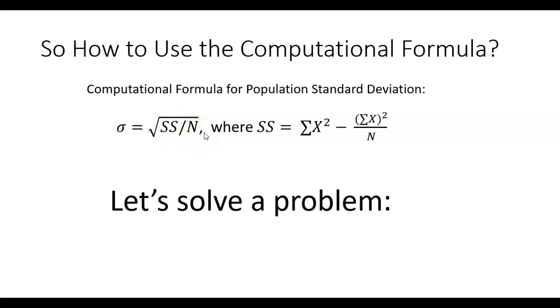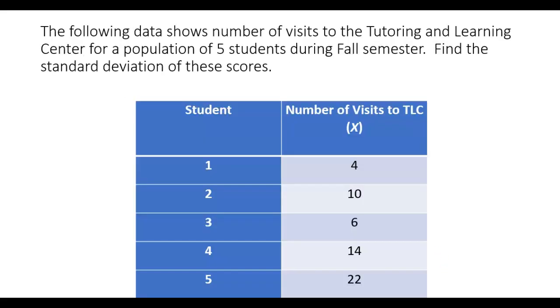And that's it. That's the whole formula. However, you do need to calculate sums of squares. Sums of squares is this calculation: the sum of x squared minus the sum of x, quantity squared, divided by n. Let's see how that works.